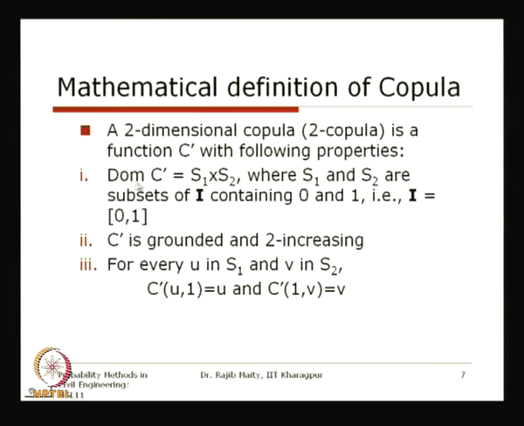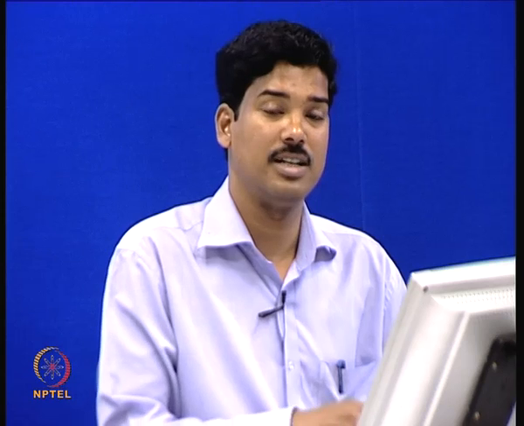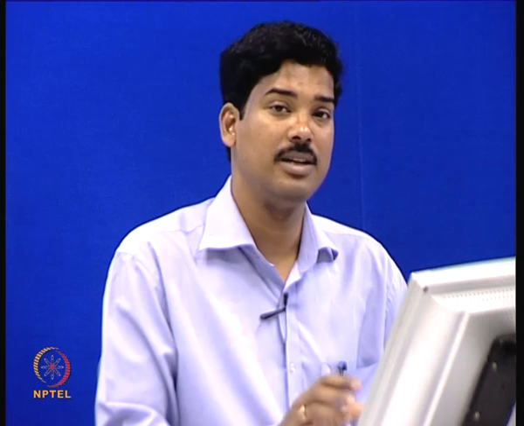The first one is the domain of C prime. Domain means, when we are talking about a single random variable, we refer to the range or the support of the random variable. Here, the minimum is the 2 dimensional case, and it can go up to any dimension. So, for the function we are defining, we have to specify the domain over which it should be defined.